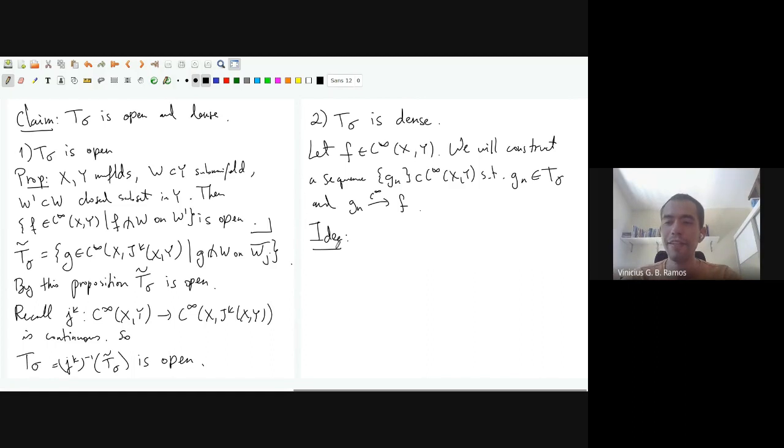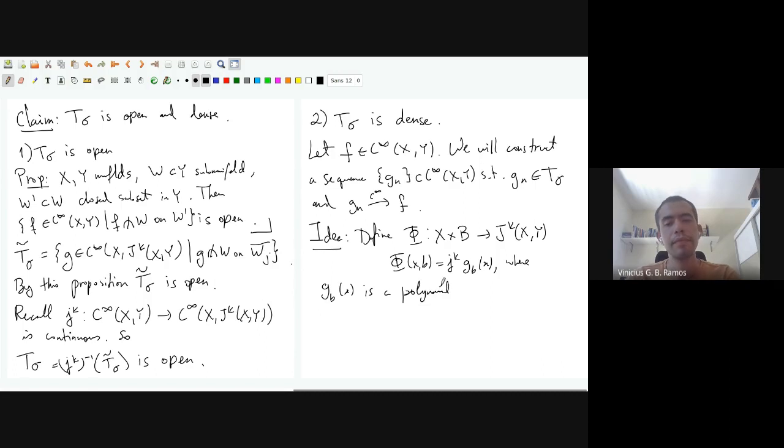So the idea is to define a map like this, which is basically going to be the kth jet of some function, j of b, where g of b is a polynomial perturbation of f.